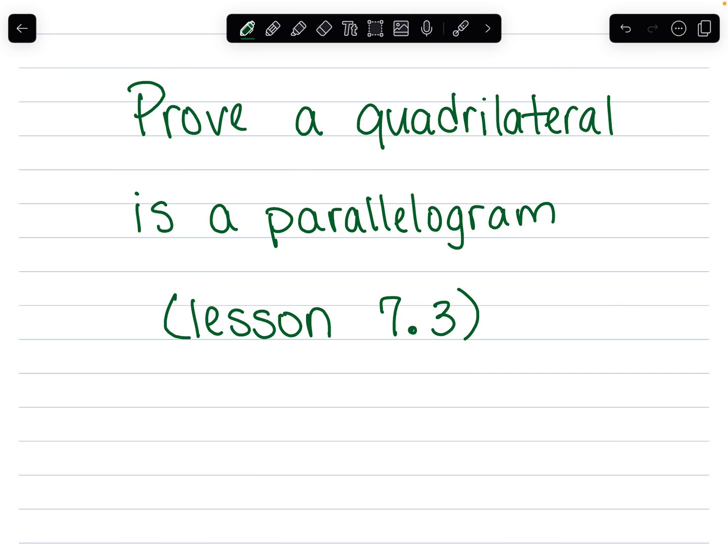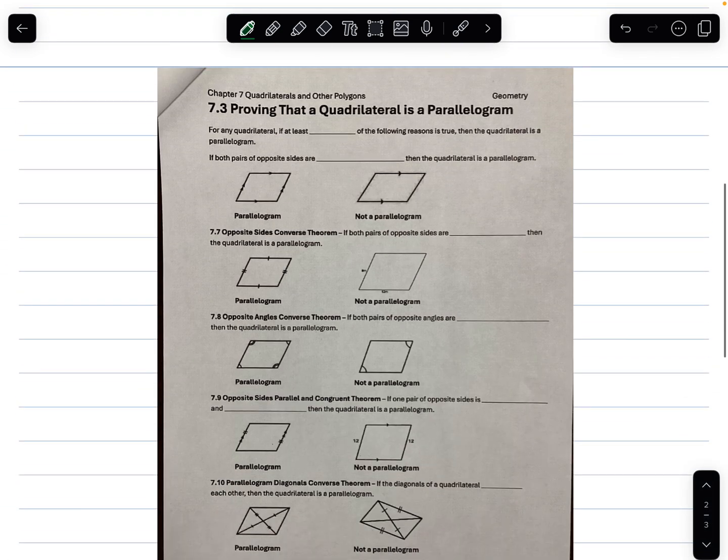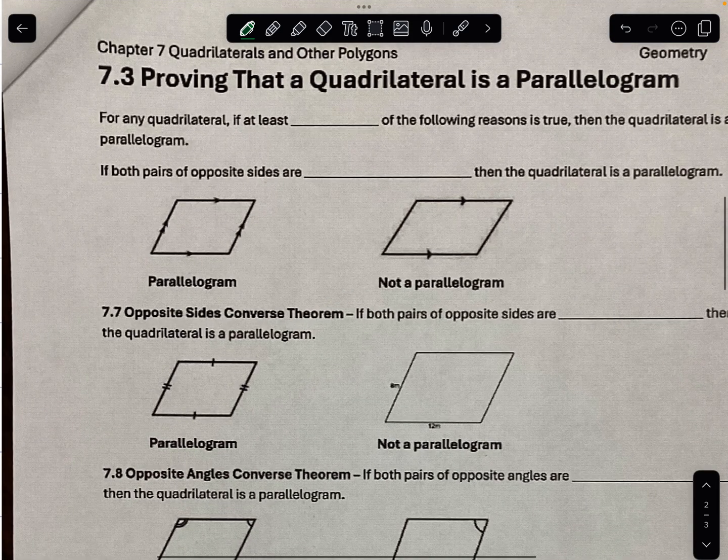So we're going to talk through those today, how we can use those to help us prove it's a parallelogram or not, okay? So for any quadrilateral, if at least one of the following reasons is true, so one or more could be true, but as long as one of them is true, then the quadrilateral is a parallelogram, okay?